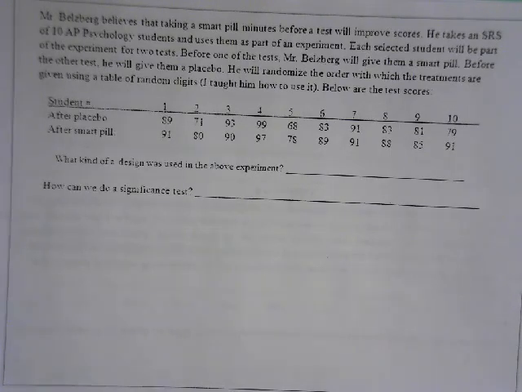Randomized. Blind, because they don't know whether they're getting the smart pill or the placebo. You said 2 groups. What kind of data did I tell you it was? Paired. Remember the experiment name with the pear in it?